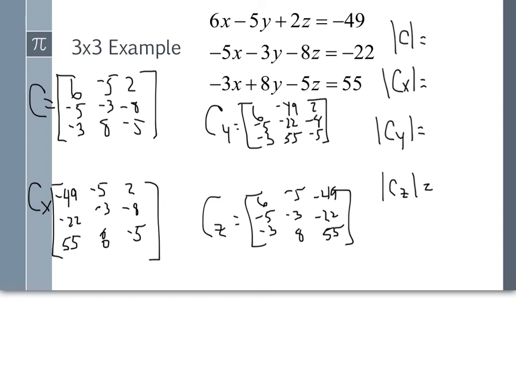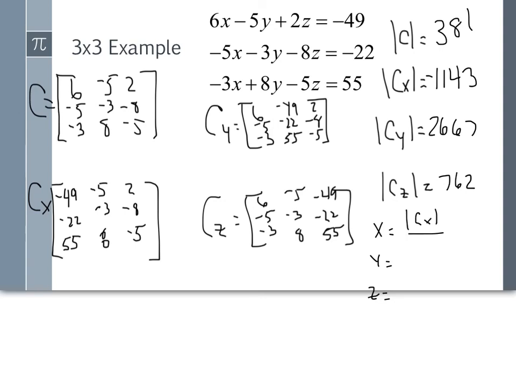Okay, so by now you should have calculated the 4 matrices and their determinants. So for the determinant of matrix C, I got 381. For the determinant of CX, I got negative 1143. For CY, I got 2667. And for CZ, I got 762. So now to get X, Y, and Z, all we got to do is divide determinants. CX divided by C, so that's going to be negative 1143 divided by 381.